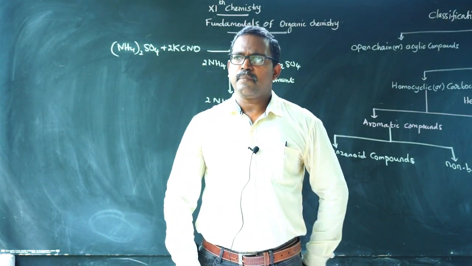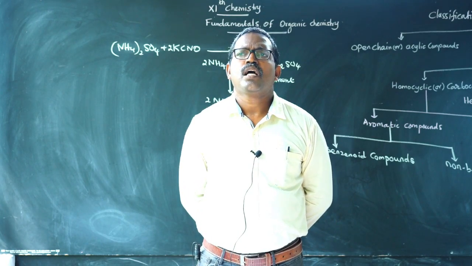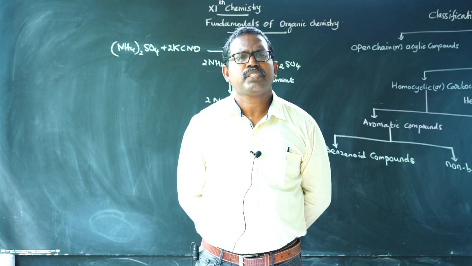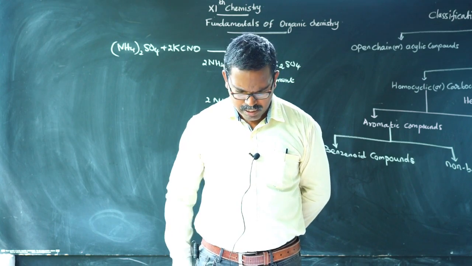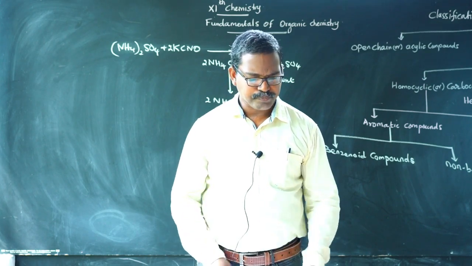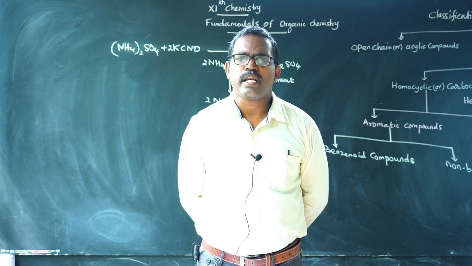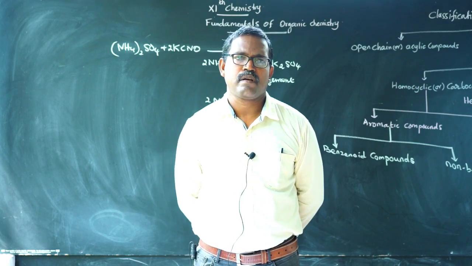After the middle of the 19th century, there was a great blow to the Vital Force theory. After that, the majority of organic compounds were synthesized in the laboratory. For example, in 1845, Kolbe prepared acetic acid from its elements.